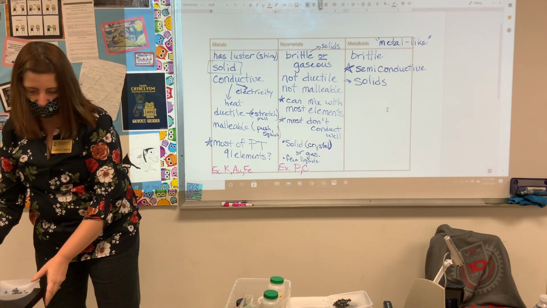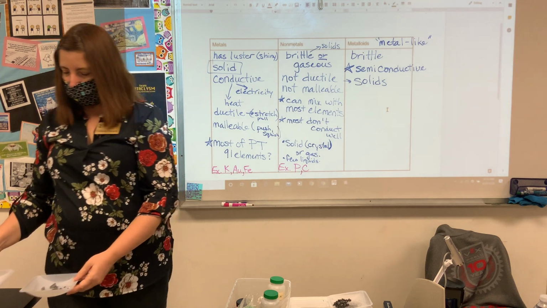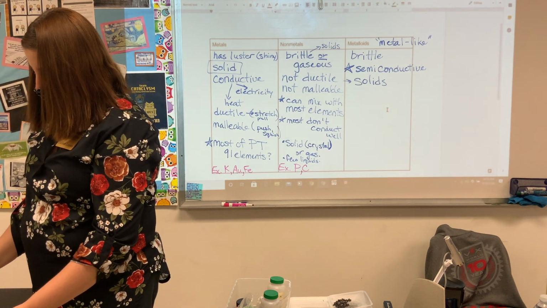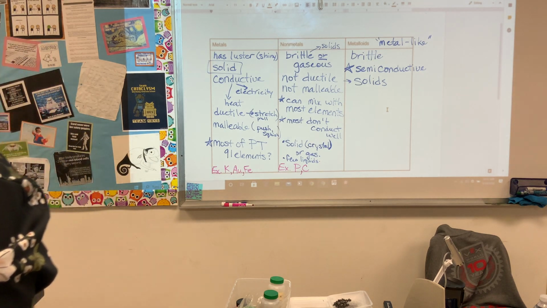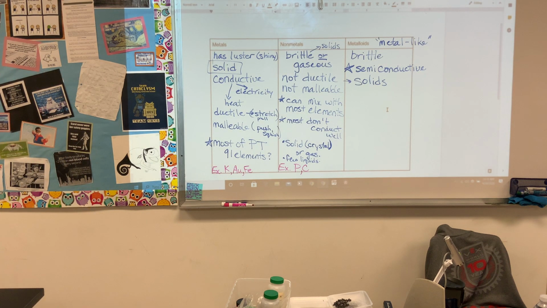Okay. So, two different kinds. One looks shiny, one does not. This one I will say is a lot lighter. This looks like it should be heavy and it's not heavy. This looks shiny, but it feels kind of like plastic in a way. And this is not shiny at all.